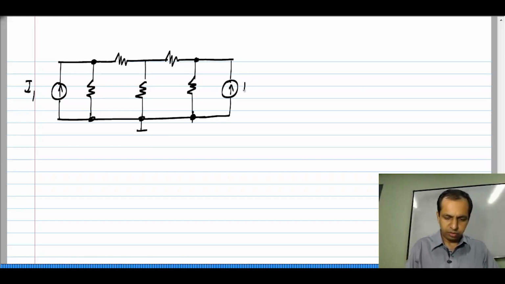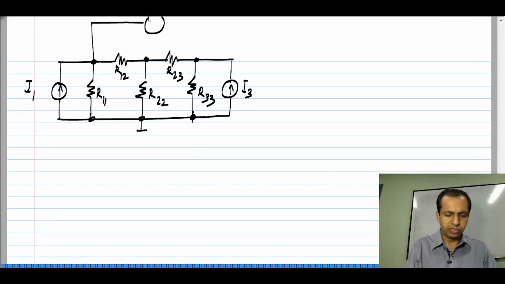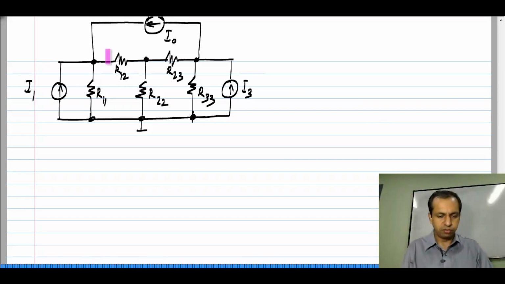I had I1, I3 and R11, R12, R22, R23, R33. Now, I had discussed circuits like this, if not exactly this one. Let us say I have this current source. I call this a floating current source if neither of its terminals is connected to the reference node. The reference node is over here.